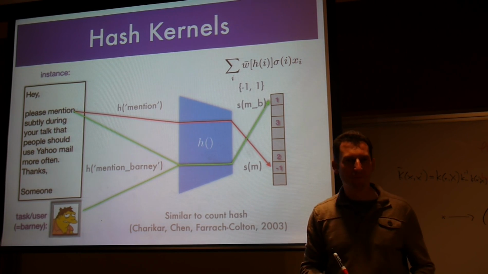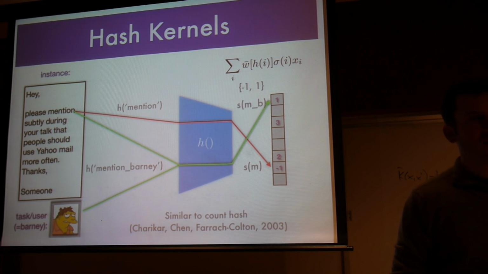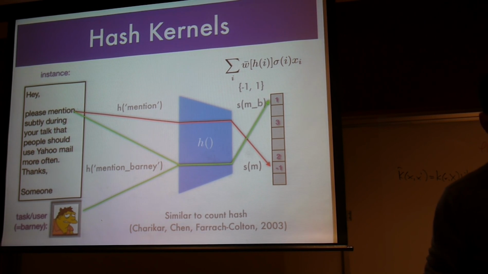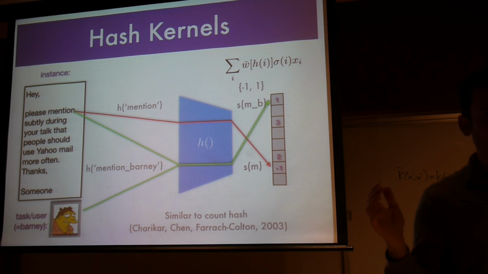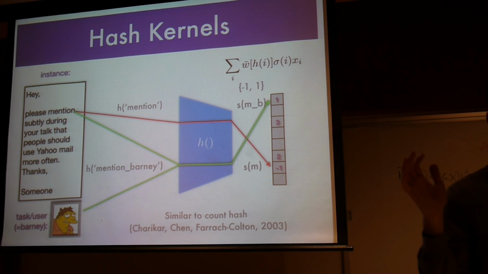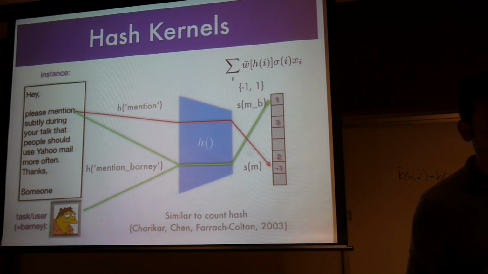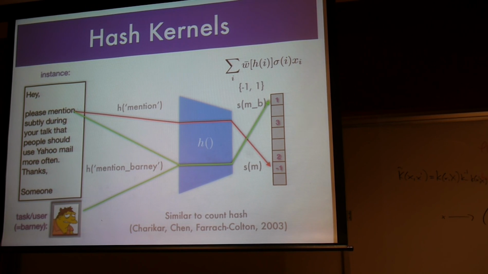Yep. What's the intuition behind the Rademacher hash for that? I'll show you in a slide or two, but basically the idea is this way two vectors which are orthogonal will remain orthogonal in expectation. And I'll show you that in a slide or two.